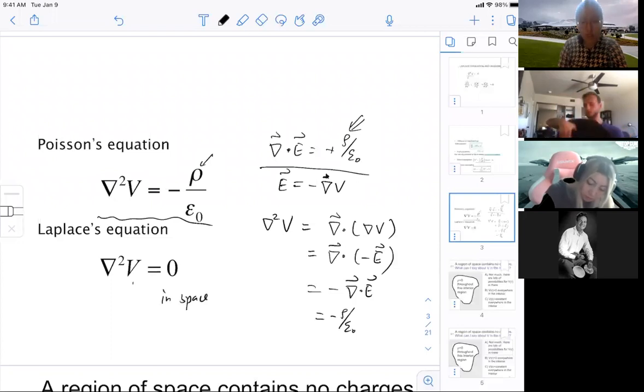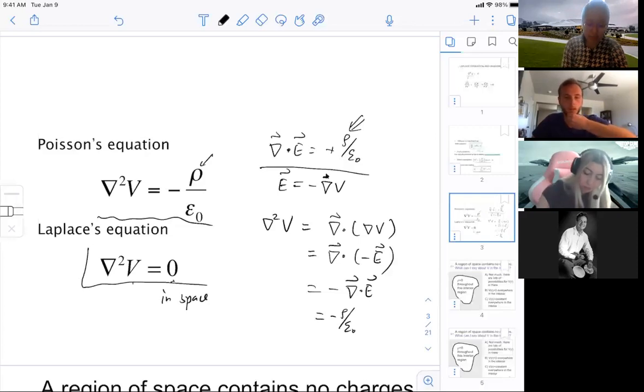You may have a lot of charges and a lot of conductors around that serve as boundaries, but when you calculate potential in space, there is no charge density in space, and you can let the right-hand side go to 0 and get the Laplace equation. It's actually very useful in many different cases. So we're going to continue to look at different ways to solve Laplace's equation.